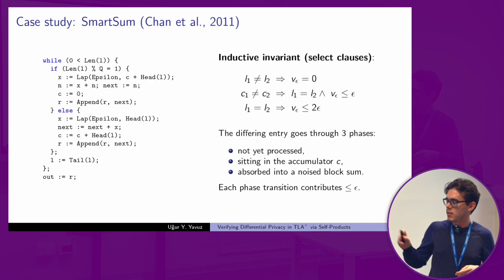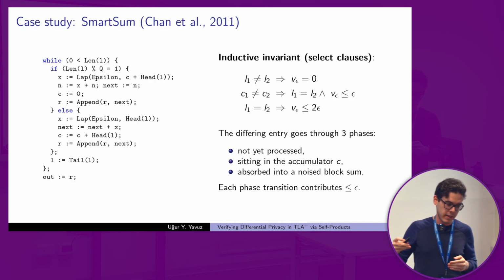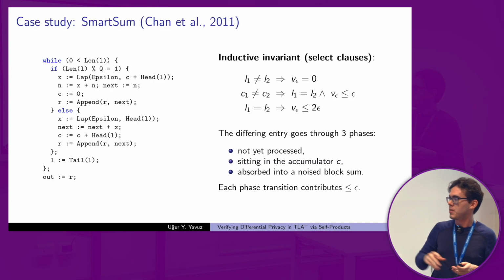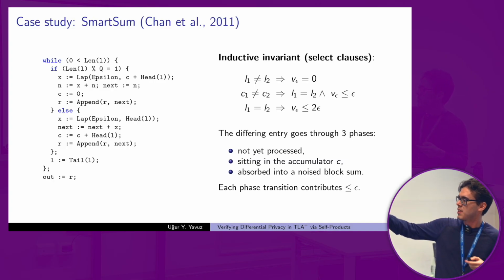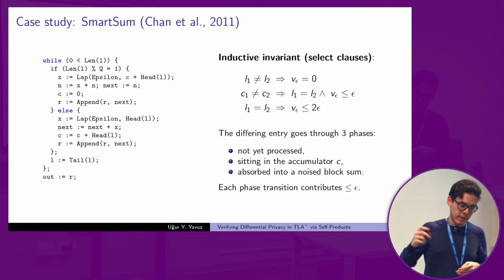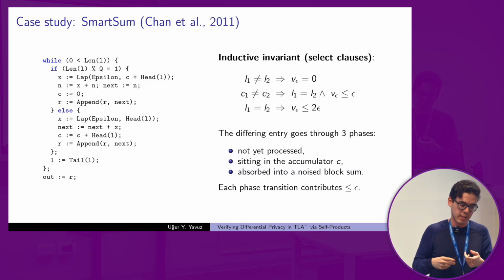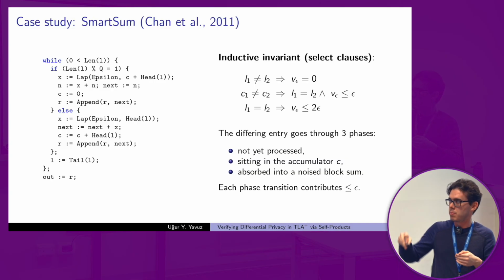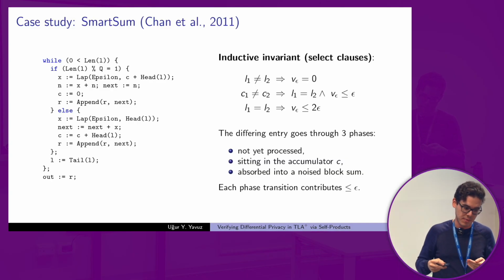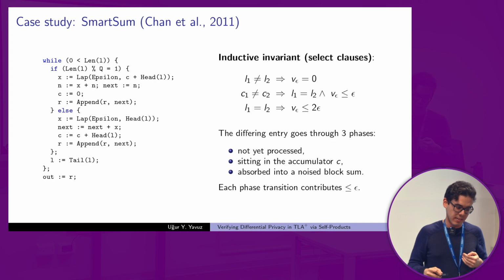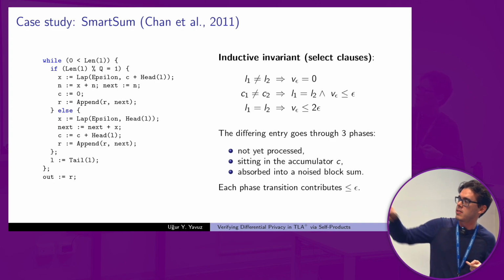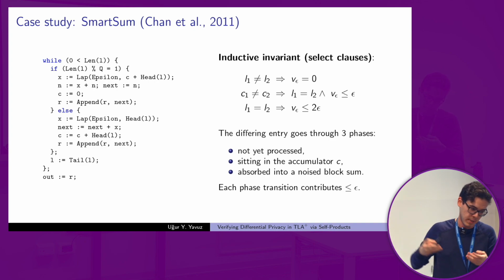And then the third case is when the block boundary fires. So we are in the process of processing this differing entry. We are then finishing the block that it sits in. And when that happens, the differing accumulator is absorbed into the noised block sum. And following that, C1 and C2 are set to 0 again, so they're equal.